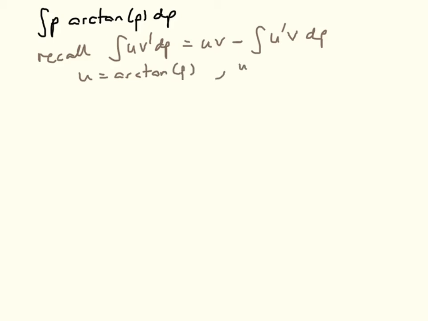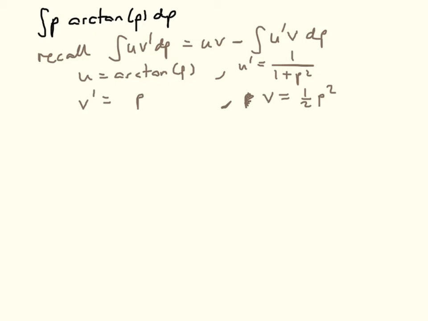So u dash, the derivative of the arctangent, is 1 over 1 plus p squared. And v dash, the term that we want to integrate, is p. So the integral of v prime, v, is going to be 1/2 p squared.